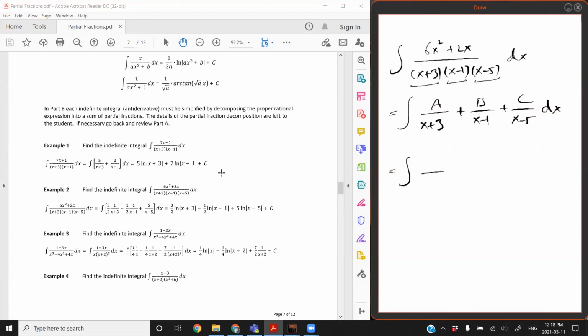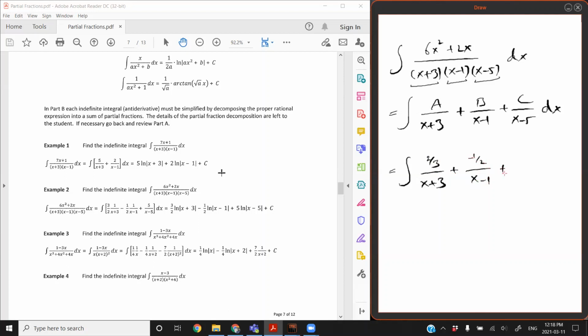For A, for x plus 3, you'll get 2/3. Plus for B, you'll get negative 1 over 2.